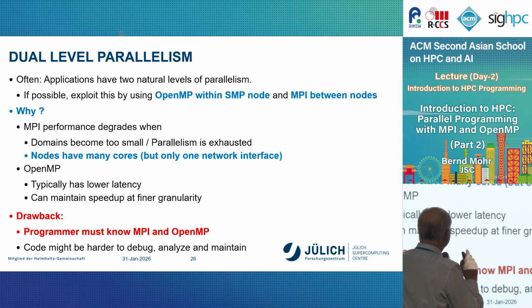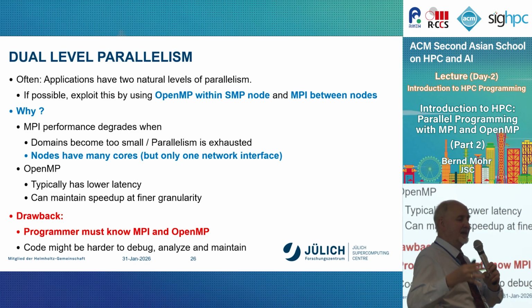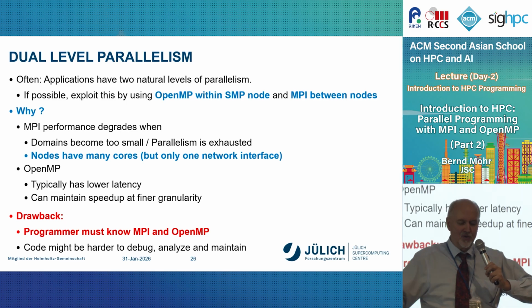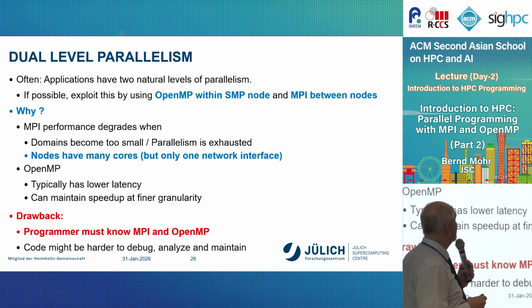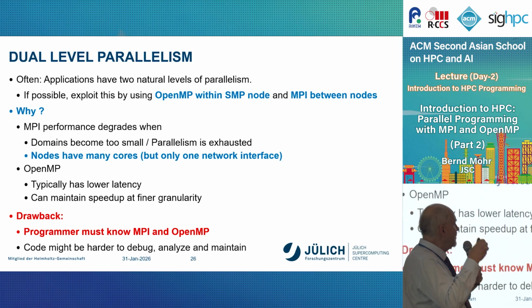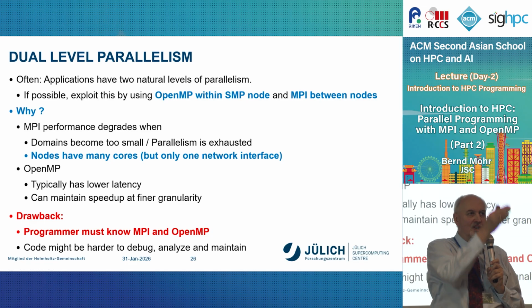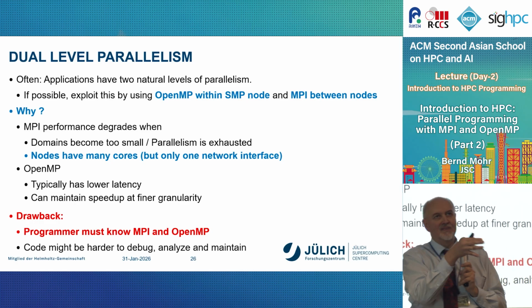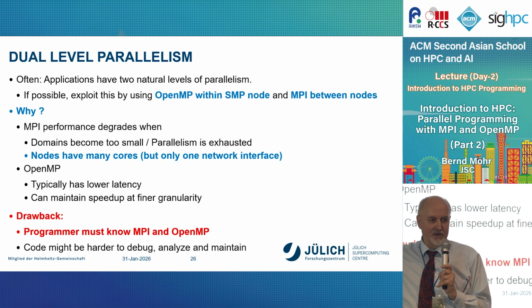So, as I said, all modern computers have nodes, and each node is a shared memory computer. What you can do is use MPI, which basically ignores that inside the node you have shared memory, and every core runs its own MPI process.